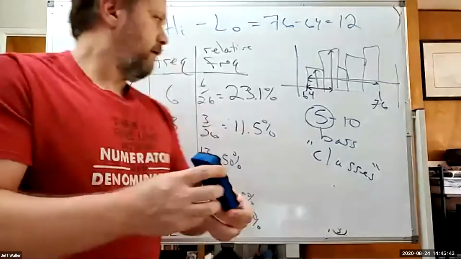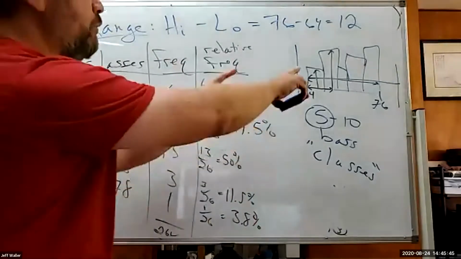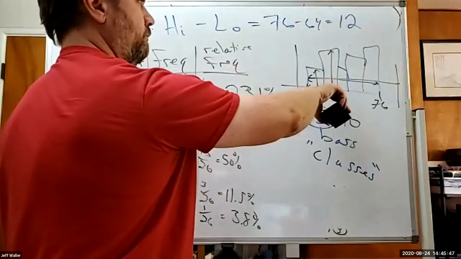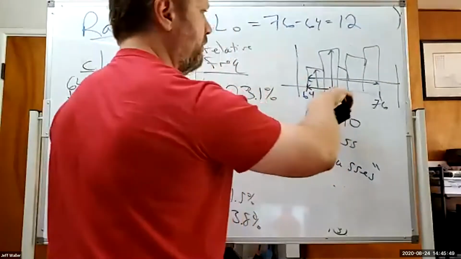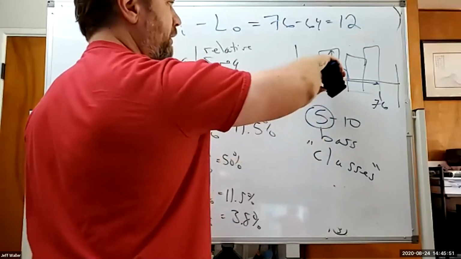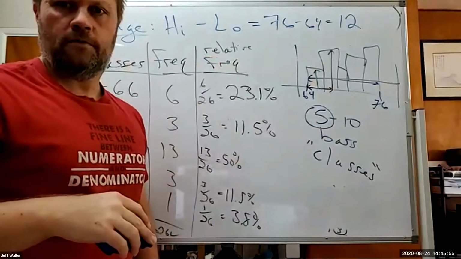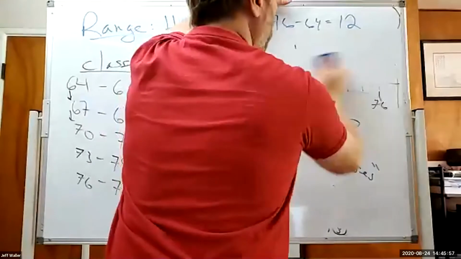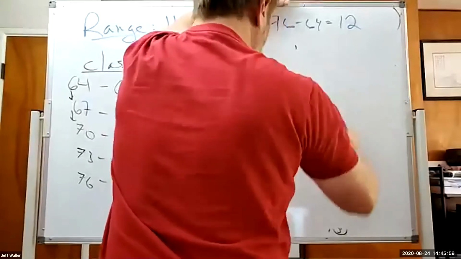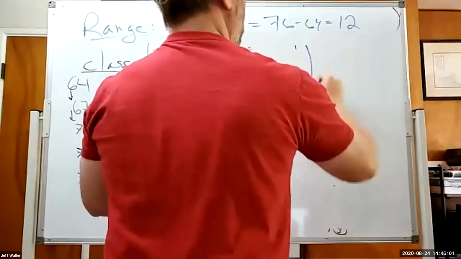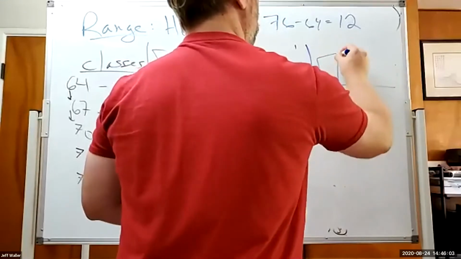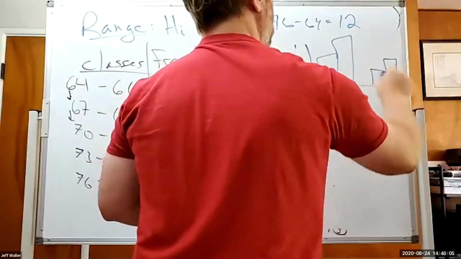All right. So now I want to make this picture. Notice something about this picture. Are there any gaps between the bars? No. In fact, if you did see this kind of picture with a gap somewhere, what would that gap mean?